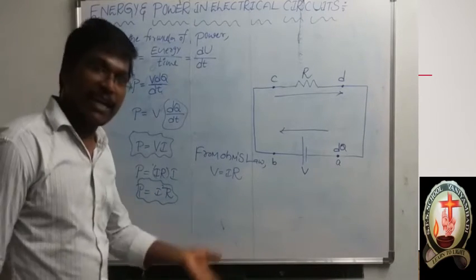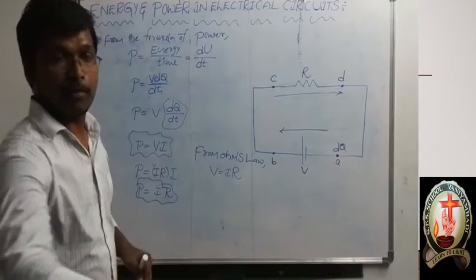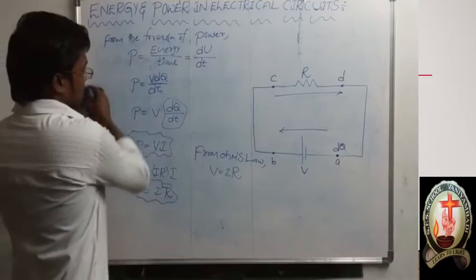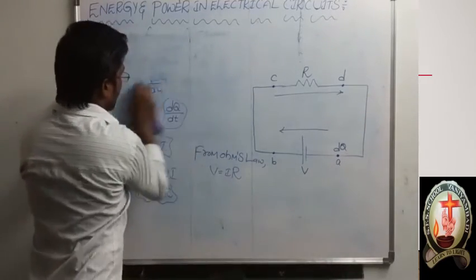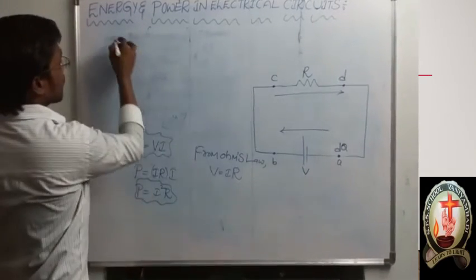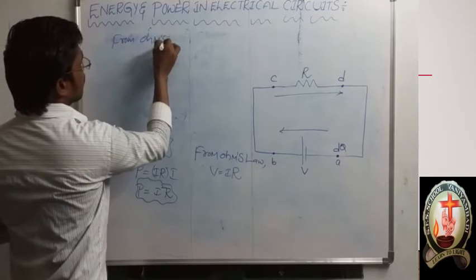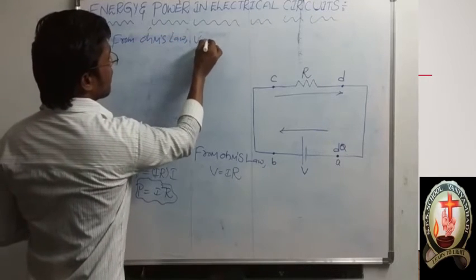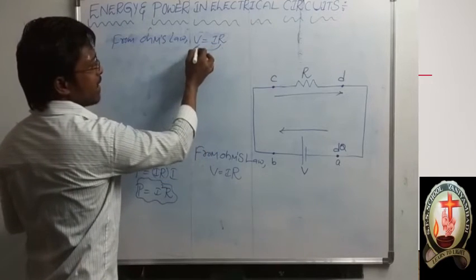Now again from Ohm's law, what is Ohm's law? V is equal to I R. So keep this I this side, send R to this side.